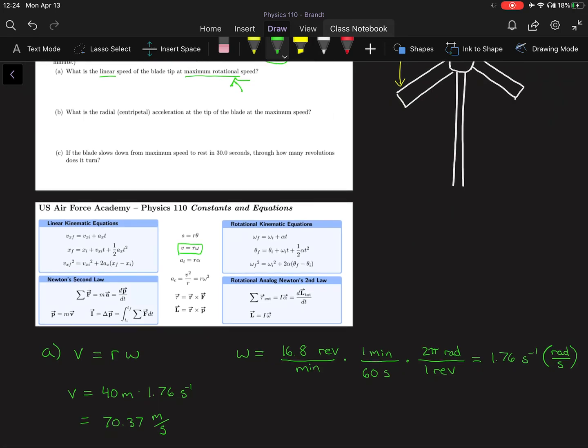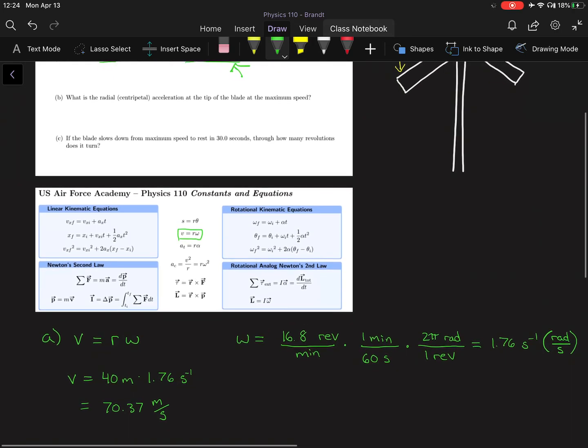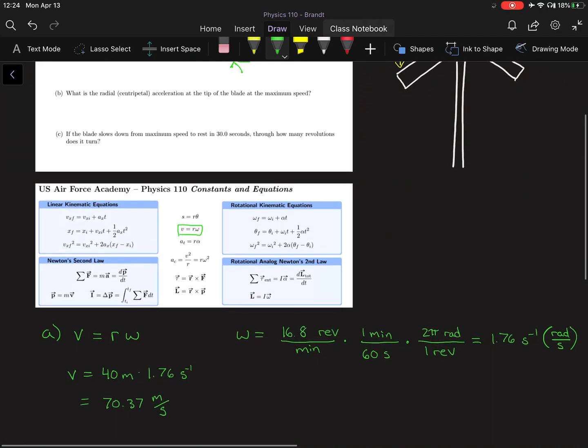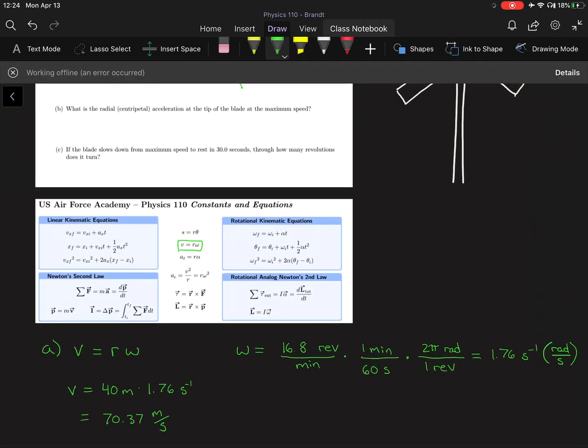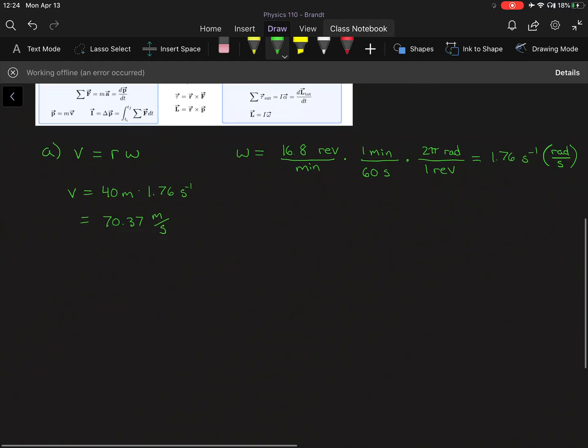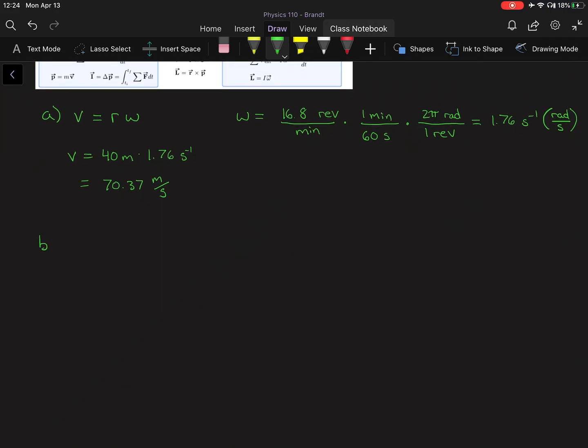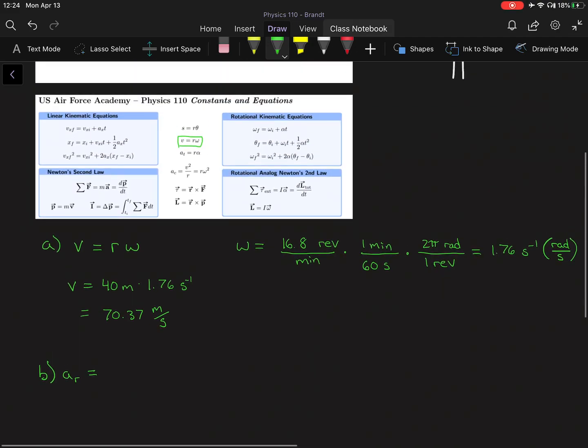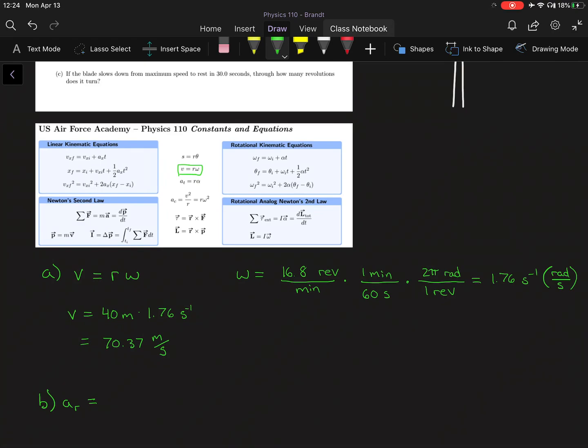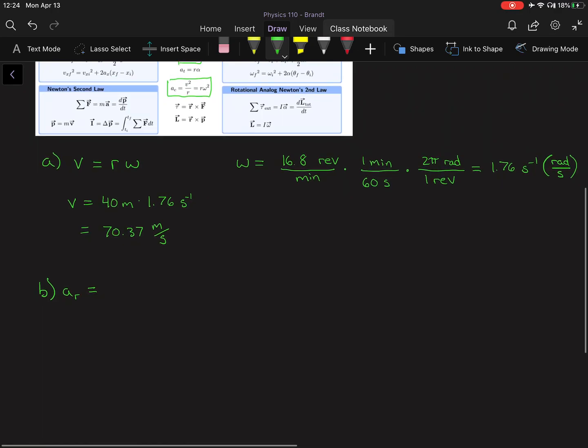So for part B, we want to know the radial acceleration or the centripetal acceleration at the tip of the blade at the maximum speed, which we've found before using our centripetal acceleration. So we can do this one of two ways. We can do it V squared over R, or R times omega squared.